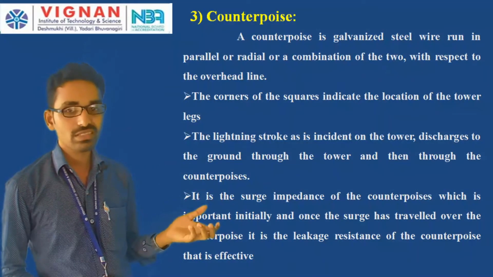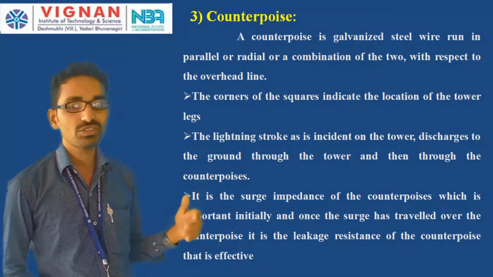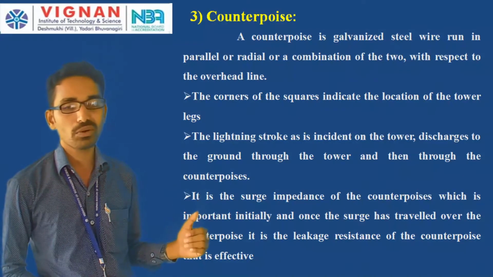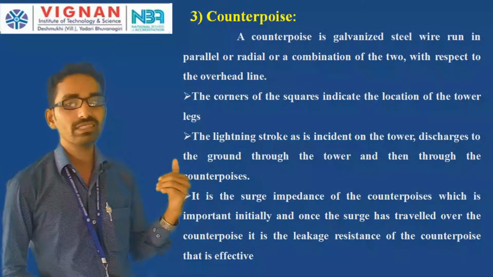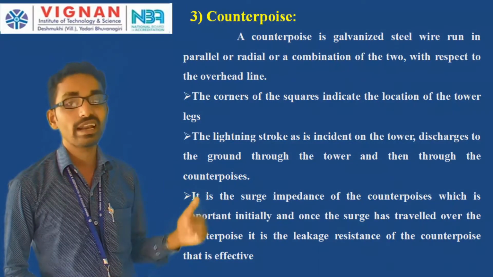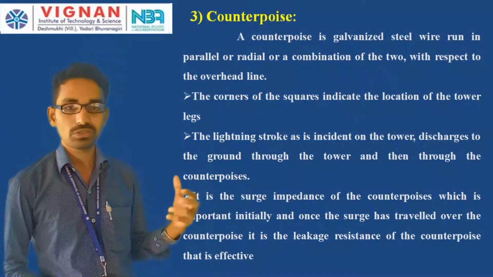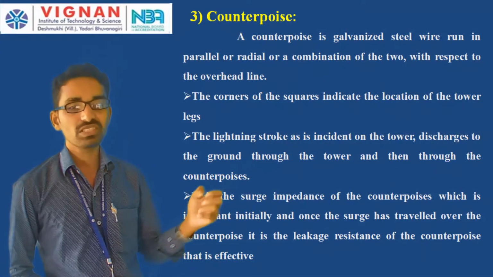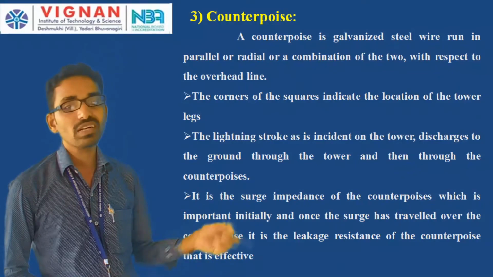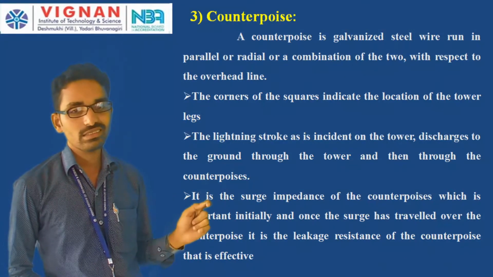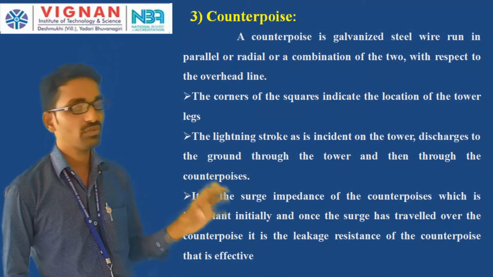At the starting stage, the surge impedance should be very high, because normal currents should not be sent to the ground. But whenever you have lightning currents, which are in the range of 10 kiloamps to 90 kiloamps, those lightning currents must be sent to the ground. Once the surge has travelled over the counterpoise, the leakage resistance is what works effectively.